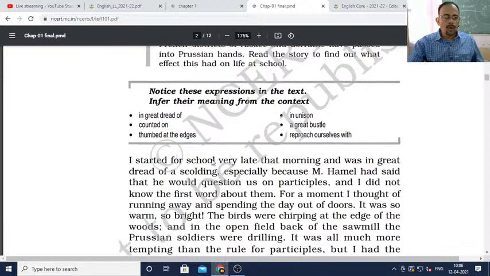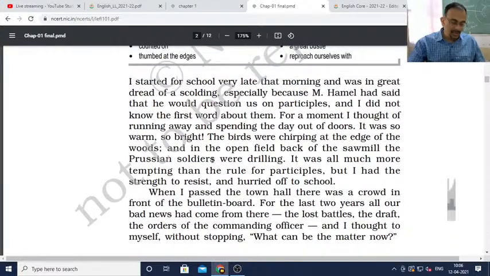So the boy who is narrating this story is a teenaged boy who is called Franz, which is similar to his own country, France. So he is narrating us this story. It's a first person narrative. You see, it started with I.